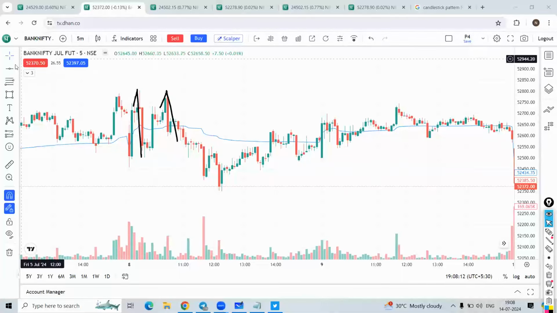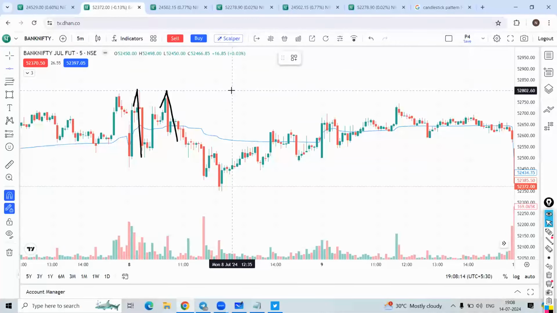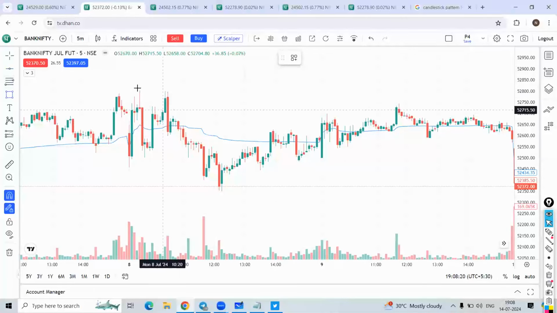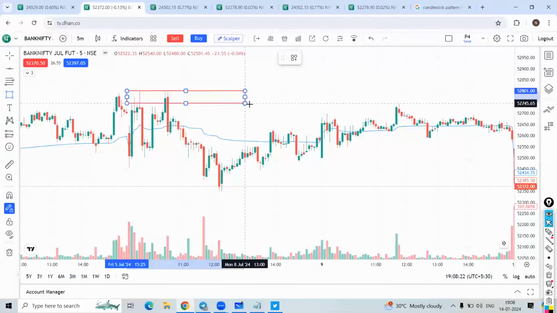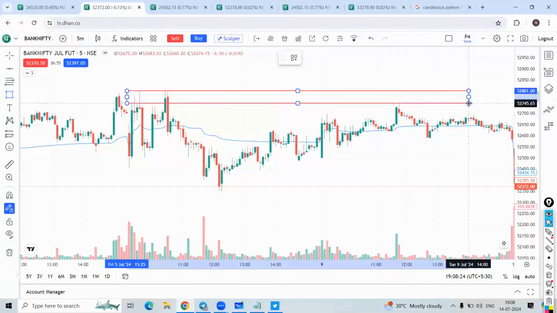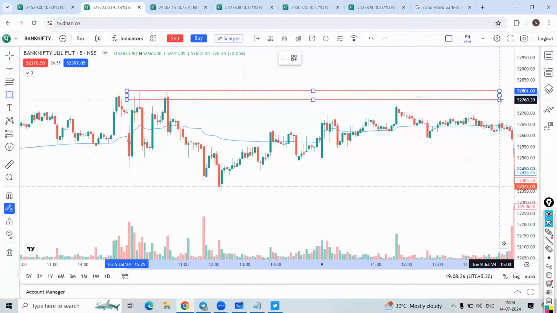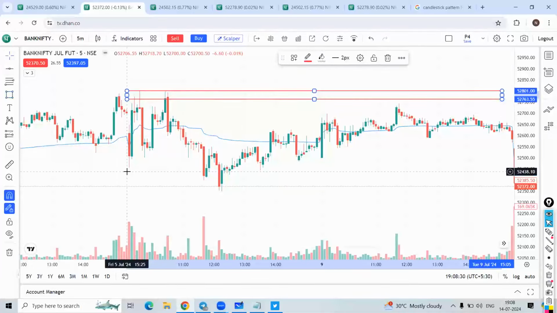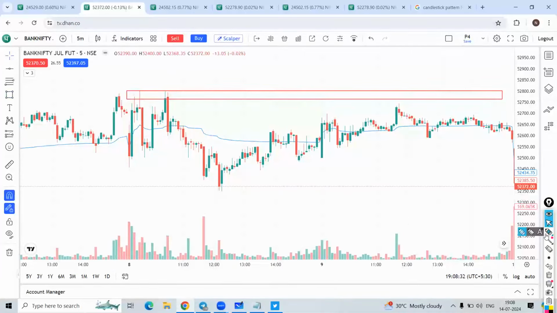So for me, this zone is crucial. Fastly reject. Next, what is happening? Instantly rejecting. Right? So this is crucial.